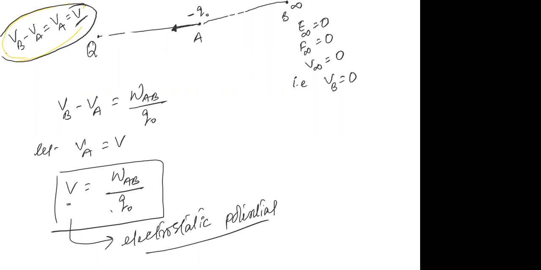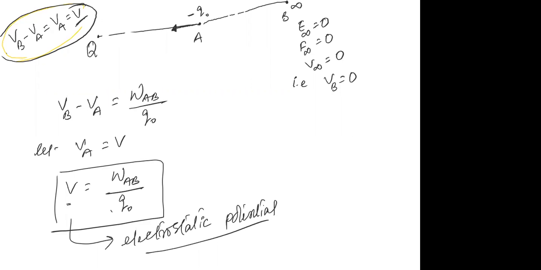Sir, can you repeat this electrostatic? Yes, I'll repeat that. If one of the points lies at infinity, then potential difference is simply known as electrostatic potential, right? आपके दो पॉइंट्स होते हैं ना, जिसमें आप एक पॉइंट से दूसरे पॉइंट पे चार्ज को मूव कराते हो and you calculate the work done.